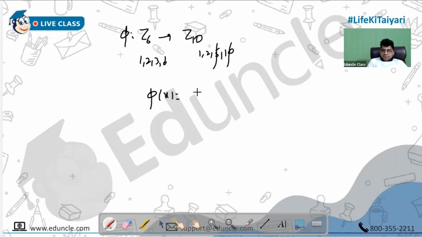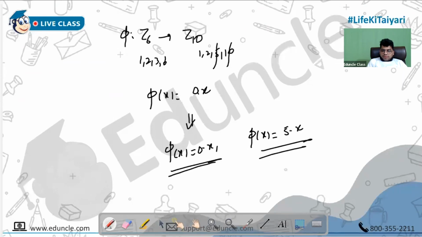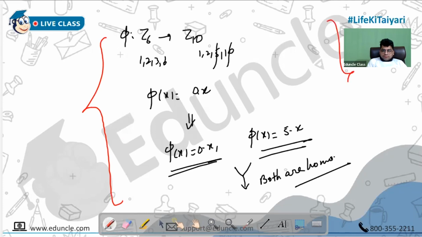So phi x equal to ax implies phi x equal to 0x and phi x equal to 5x. Both are homomorphism. So this is the important question.